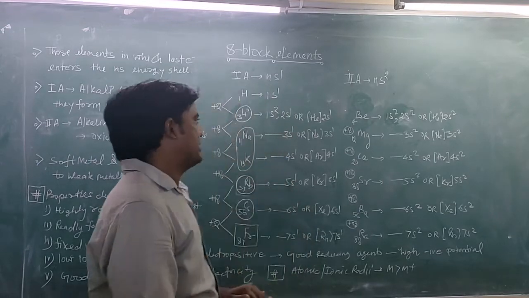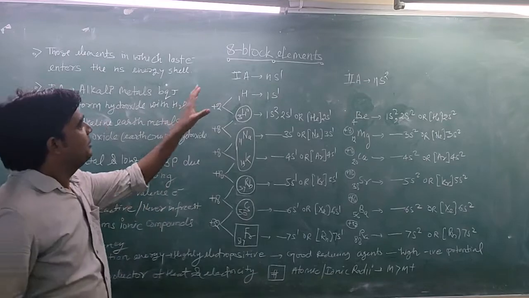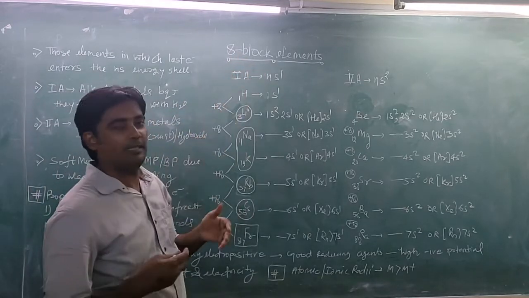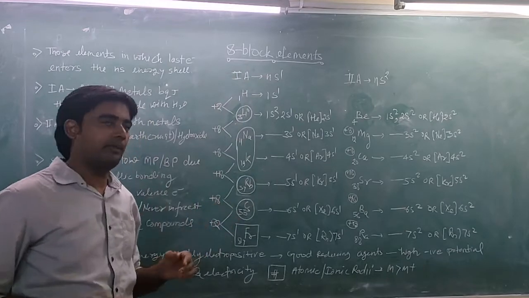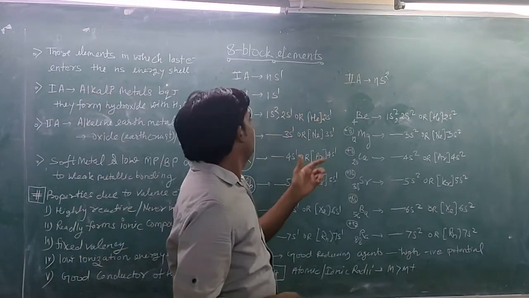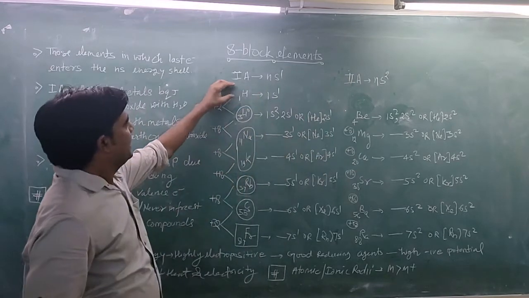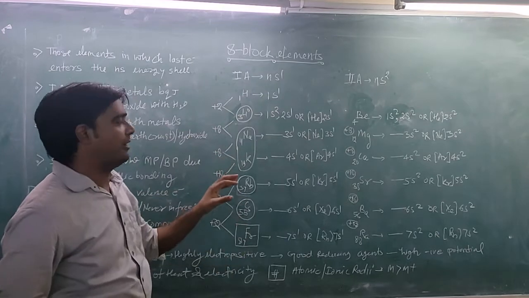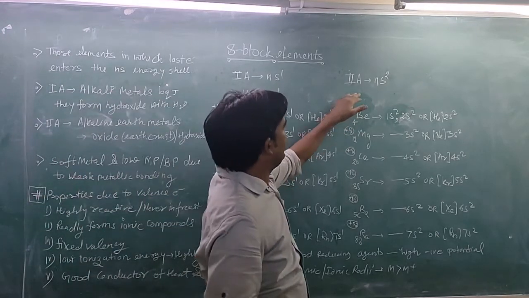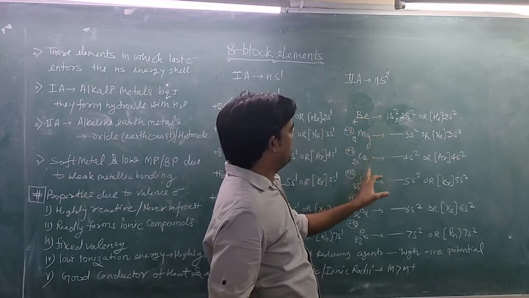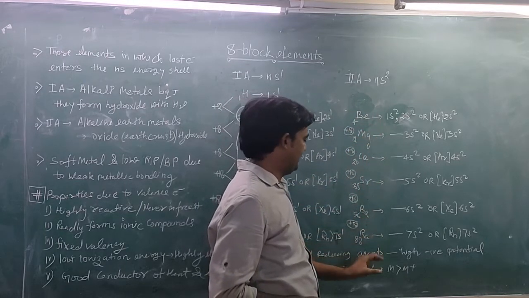Okay, let's start. You can see S block elements are found in two groups in the periodic table: first A group and second A group. First A group elements are hydrogen, lithium, sodium, potassium, Rb, Cs, Fr. Similarly, in second A group, the elements are Be, Mg, Ca, Sr, Ba, Ra.